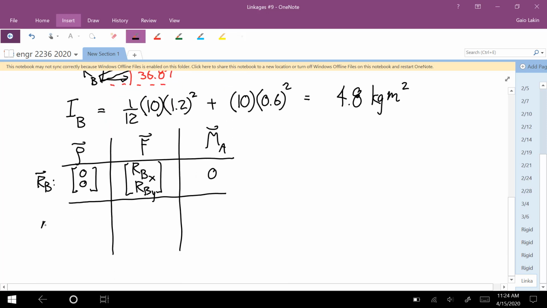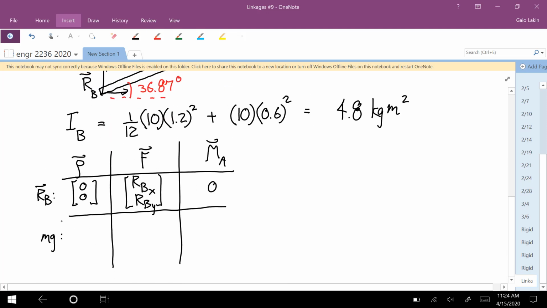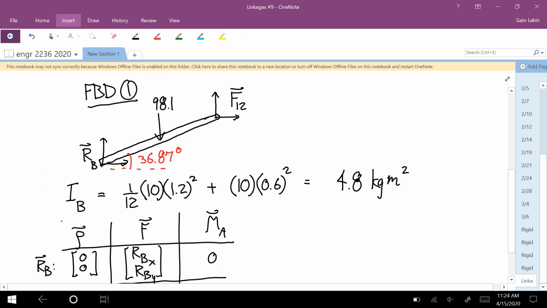Then is the weight force. So the rho vector for that is 0.6 times cosine and sine of that angle, 36.87.